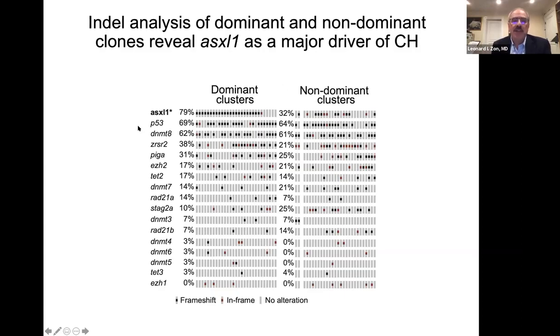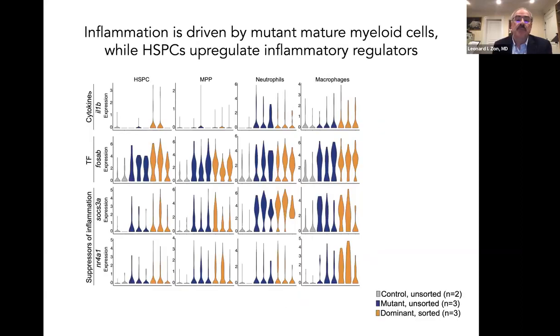Now, many of the mutations are represented in both the dominant and the non-dominant clusters. And this tells you that the clonal expansion occurs in each of these individual populations by a variety of different mechanisms. Now, one of the nice things is we've been able to sort those cells and then look at RNA-seq.